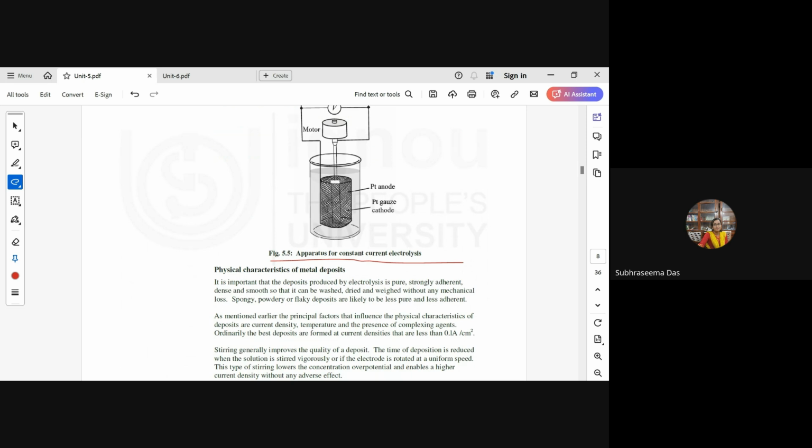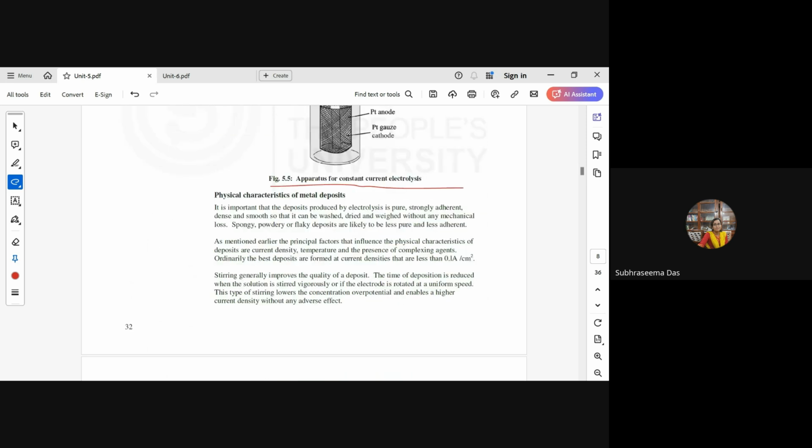That is why the primary aim of electrodeposition is that the material should be pure and strong in nature. As mentioned earlier, the principal factors that influence the physical characteristics of the deposits are mostly current density, the temperature, and the presence of complexing agents.